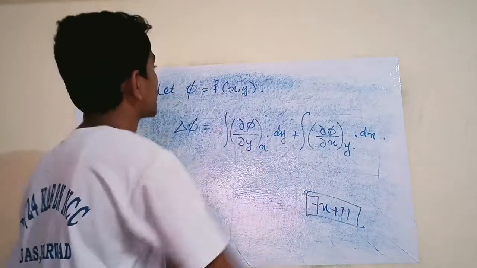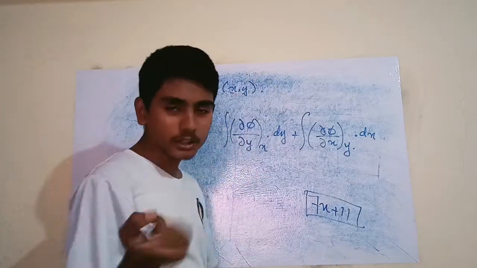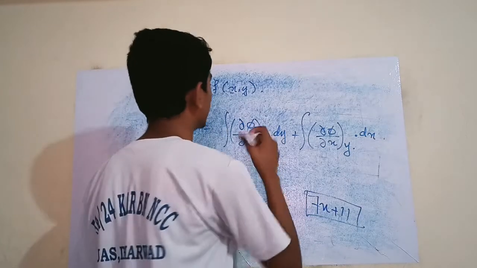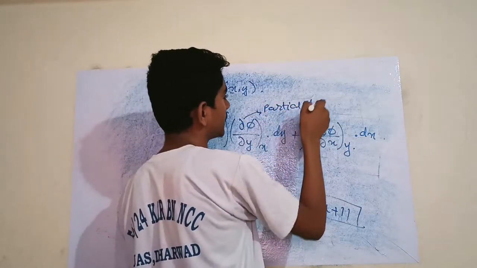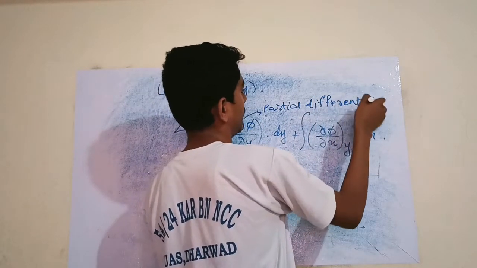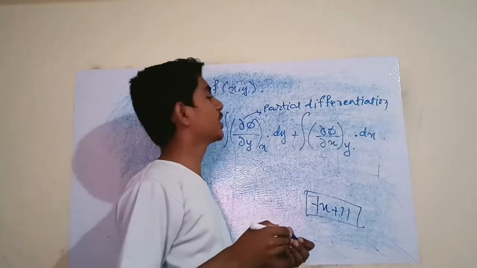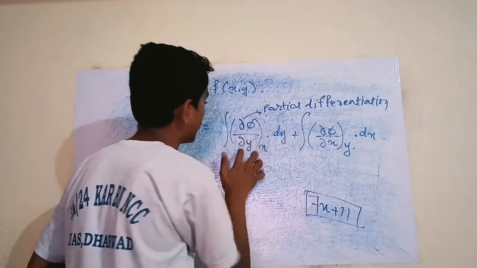Now here two variables are there. How to differentiate in this condition? This dou means partial differentiation. What is the meaning of partial differentiation? If in a given equation two variables are there, then it is difficult to differentiate or integrate. At that time, for differentiation, we will use partial differentiation.